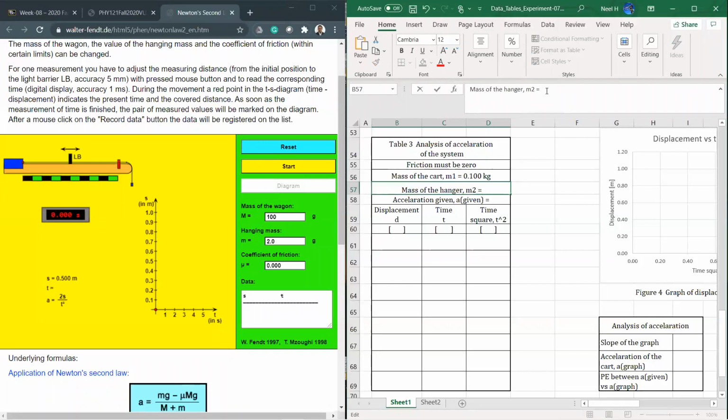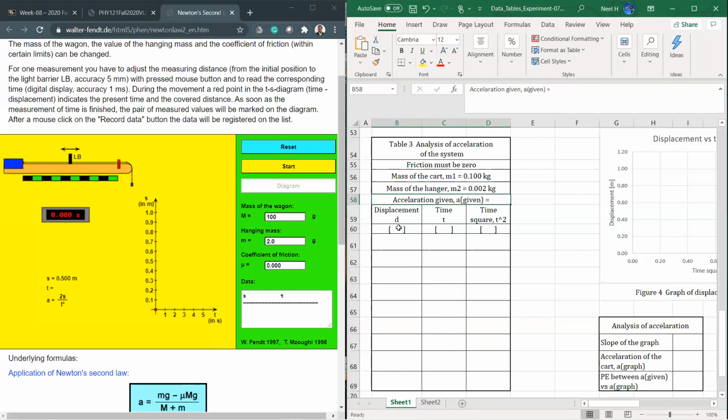Hanger mass doesn't matter, but let's put 0.002 kilogram, again only for reference purposes. The acceleration will depend on these two numbers and will be constant throughout the experiment. We're not going to change any of the masses.